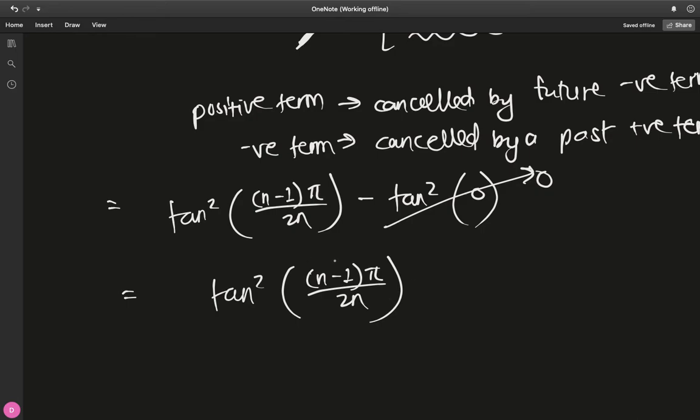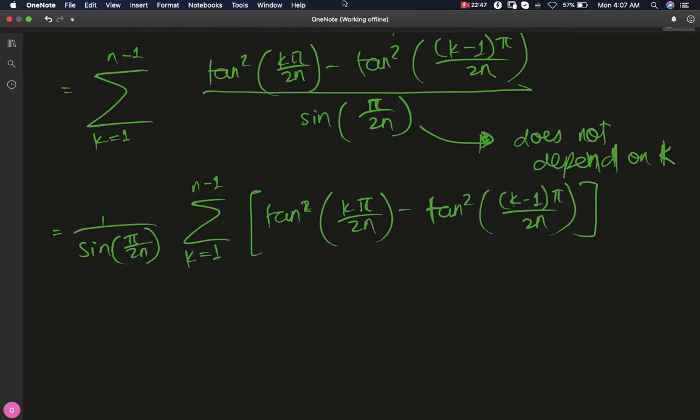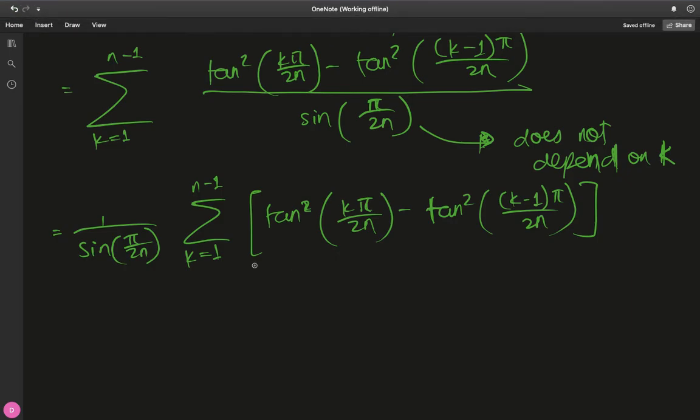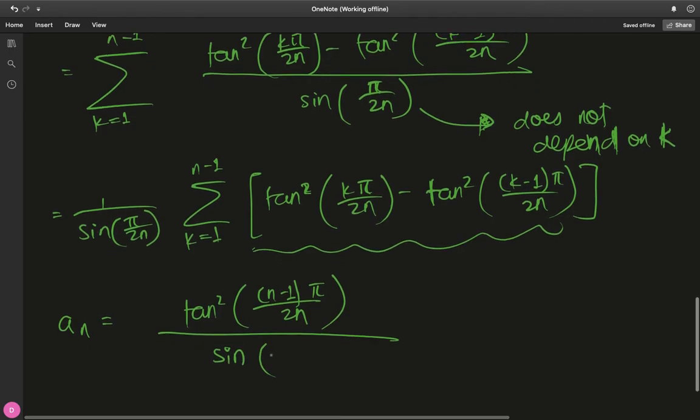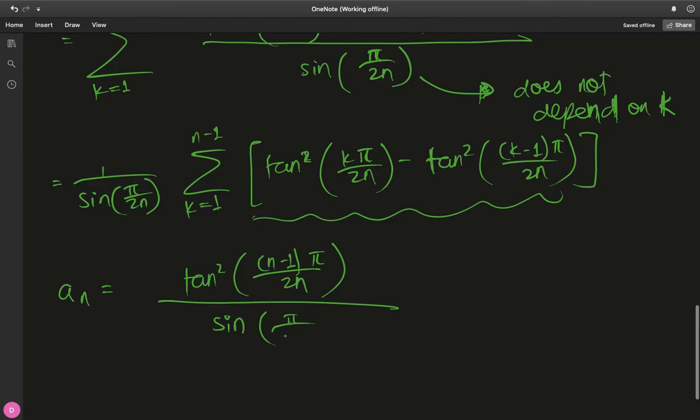And let's substitute this back into our original expression. So now, since we know what this is, our a sub n can simply be expressed as tan squared of (n minus 1) pi over 2n divided by this constant sine term we had, sine of pi over 2n, and that's a sub n.